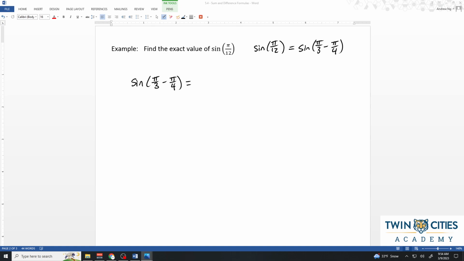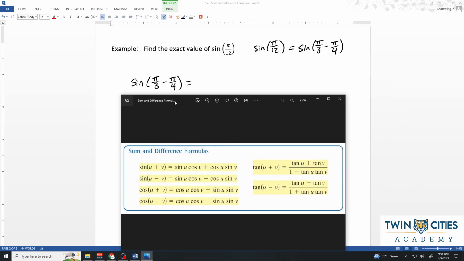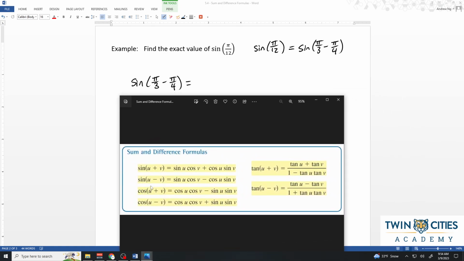Let's bring over my formula list. Sine of u minus v is the sine of u times the cosine of v minus the cosine of u times the sine of v. Okay, so that'll be sine of pi over 3 times cosine of pi over 4 minus cosine of pi over 3 times sine of pi over 4.